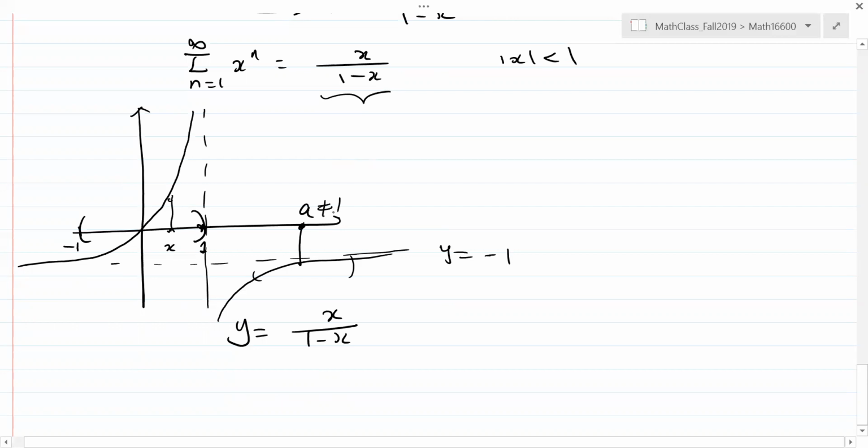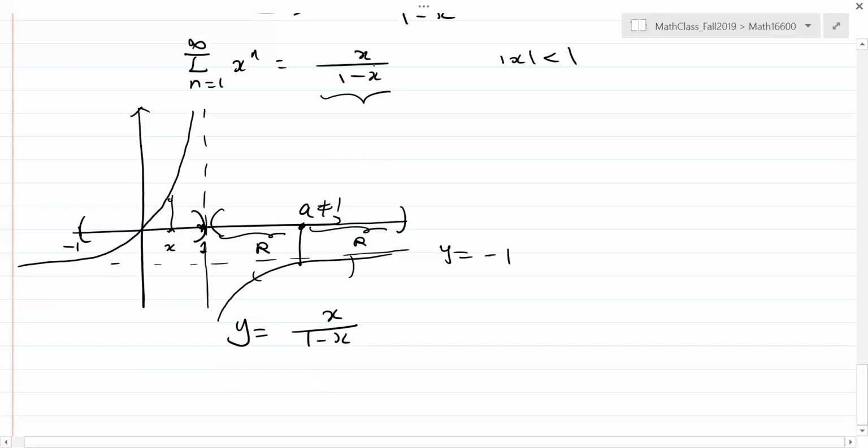I can draw the interval around that. This is R. I can find a power series converging to the function x over 1 minus x.